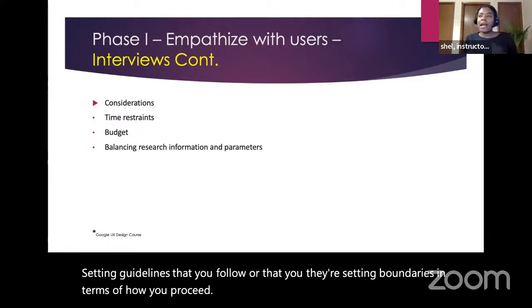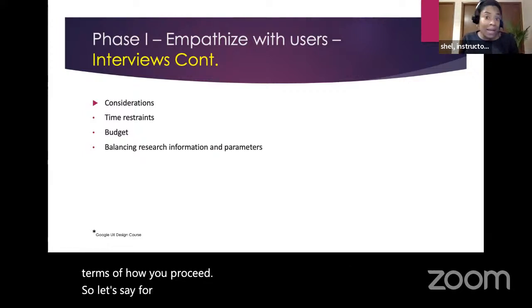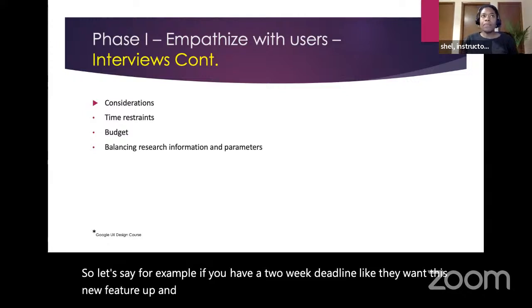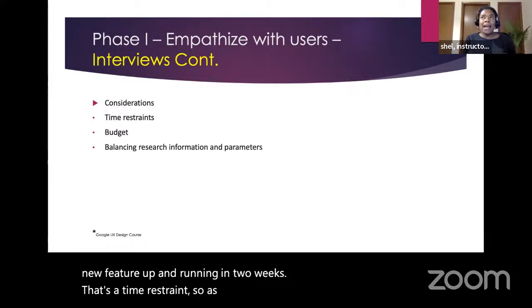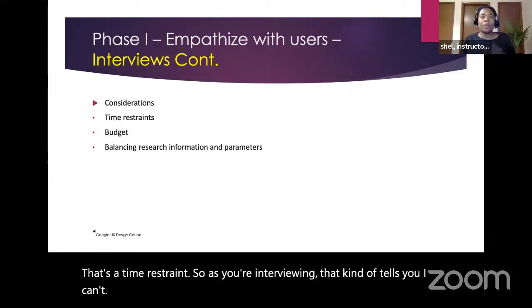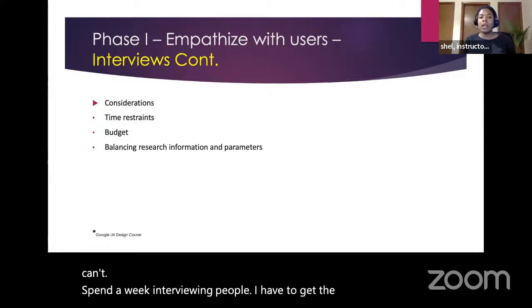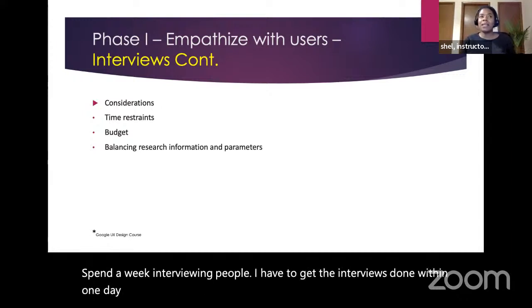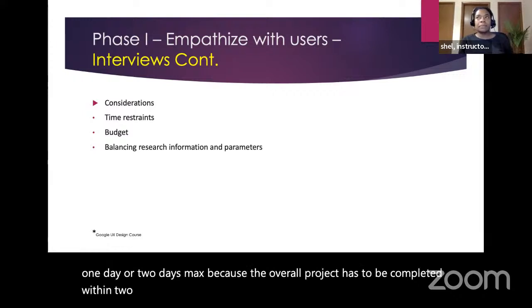So let's say, for example, you have a 2-week deadline, like they want this new feature up and running in 2 weeks. That's a time restraint. So as you're interviewing, that tells you I can't spend a week interviewing people. I have to get the interviews done within 1 day or 2 days max, because the overall project has to be completed within 2 weeks, right?